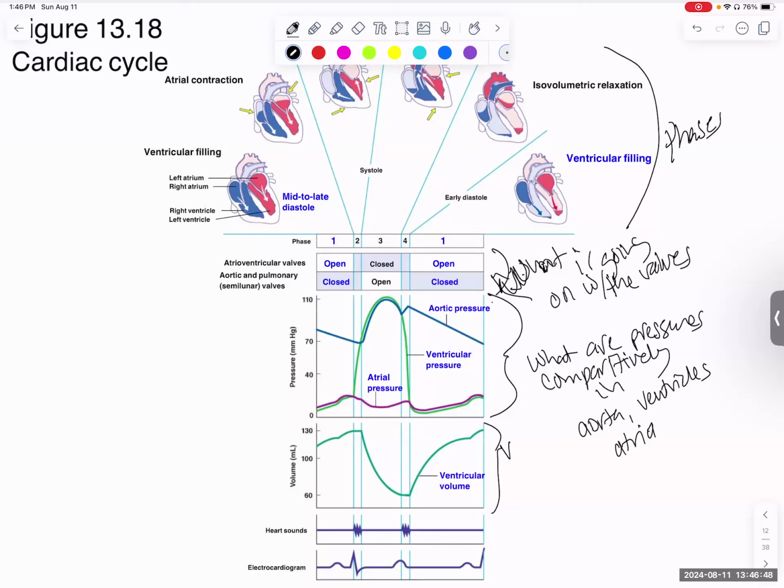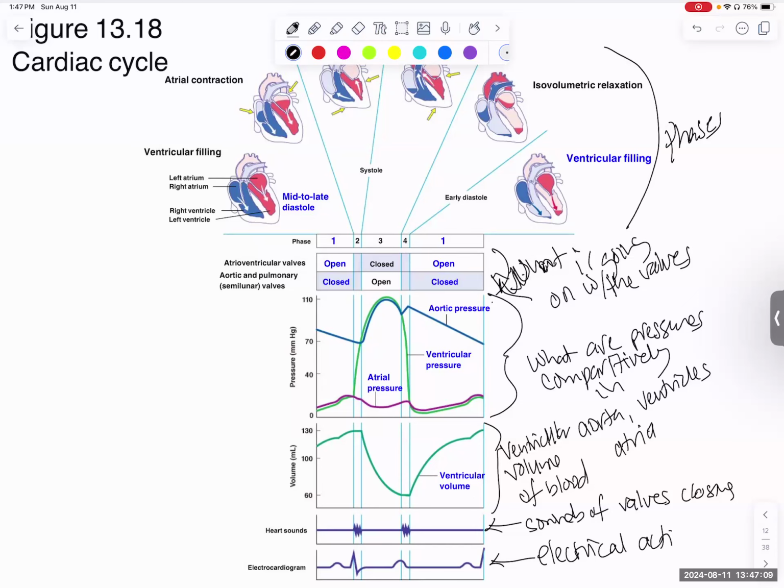Here you have ventricular volume of blood. Here you have sounds of valves closing. And here you have the electrical activity, which represents systole and diastole. Is it contracting or is it going to relax?